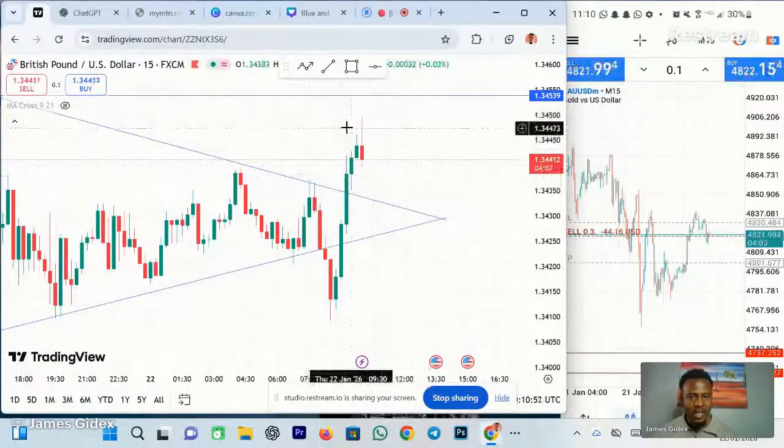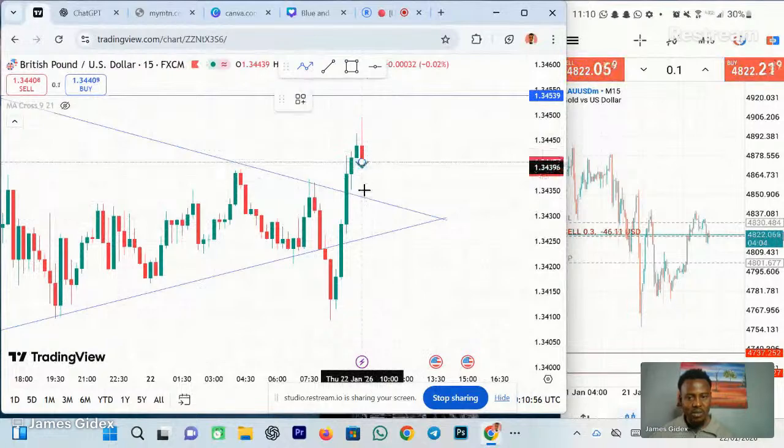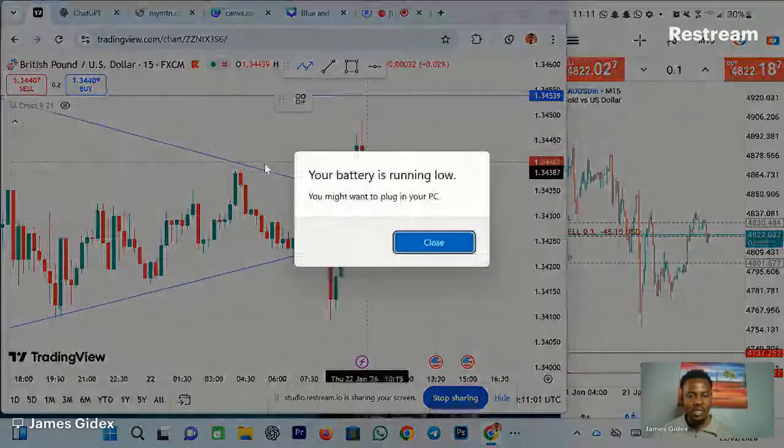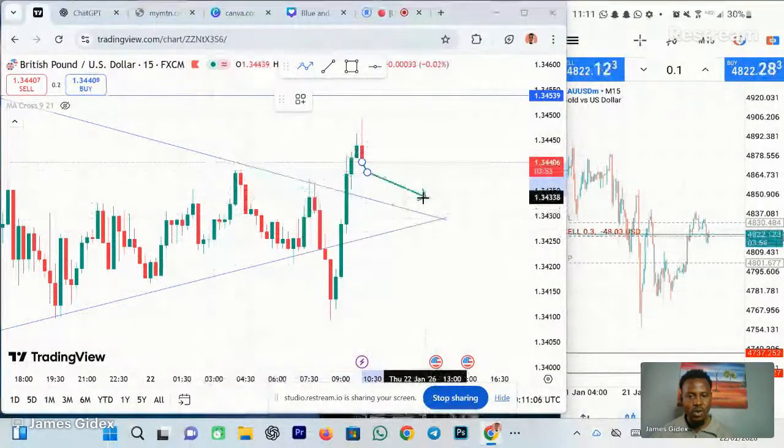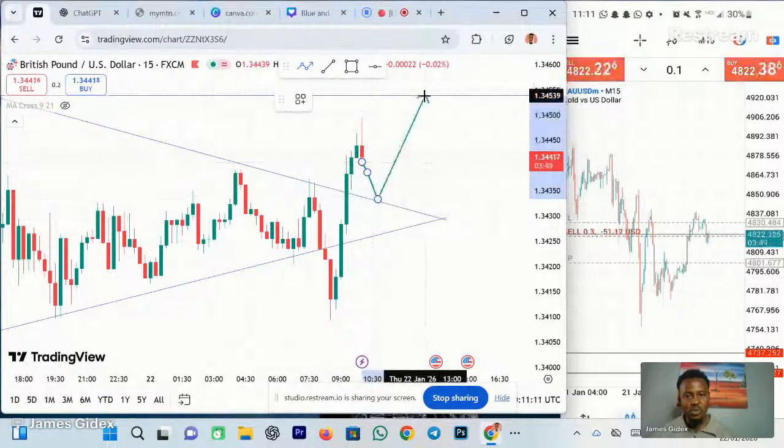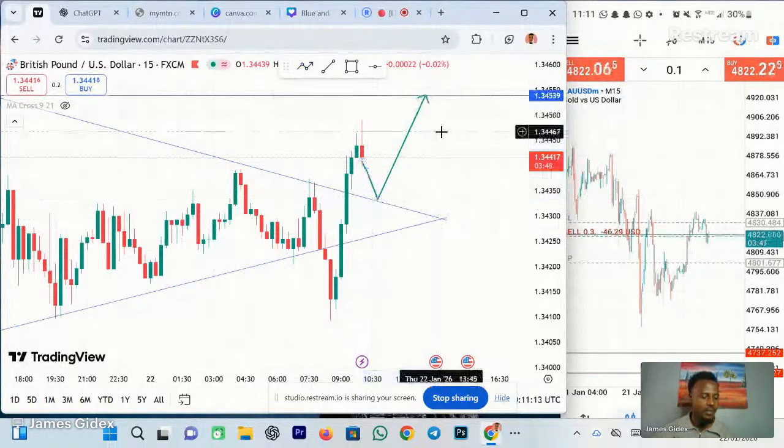If I should get into the market, I won't get in right now. I will wait for it to get to this level, the resistance level, to test it, and eventually I'm expecting it to push back up.